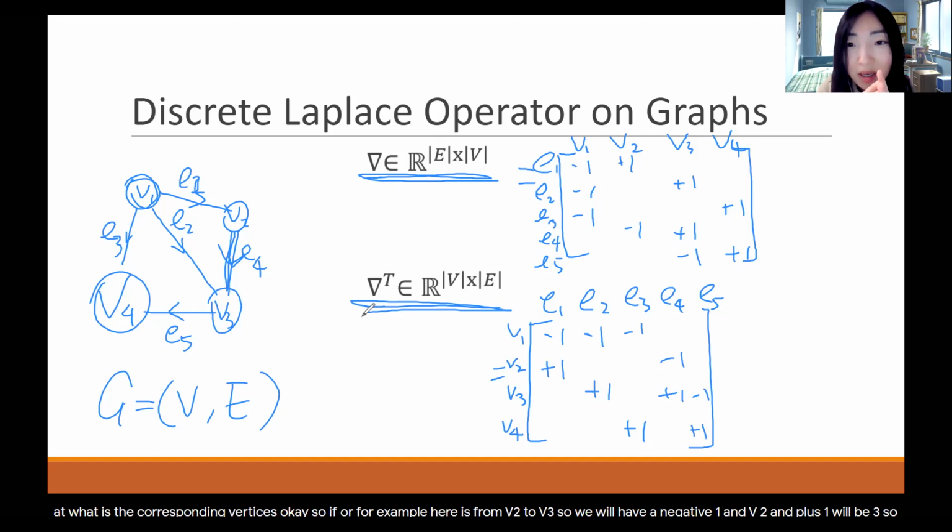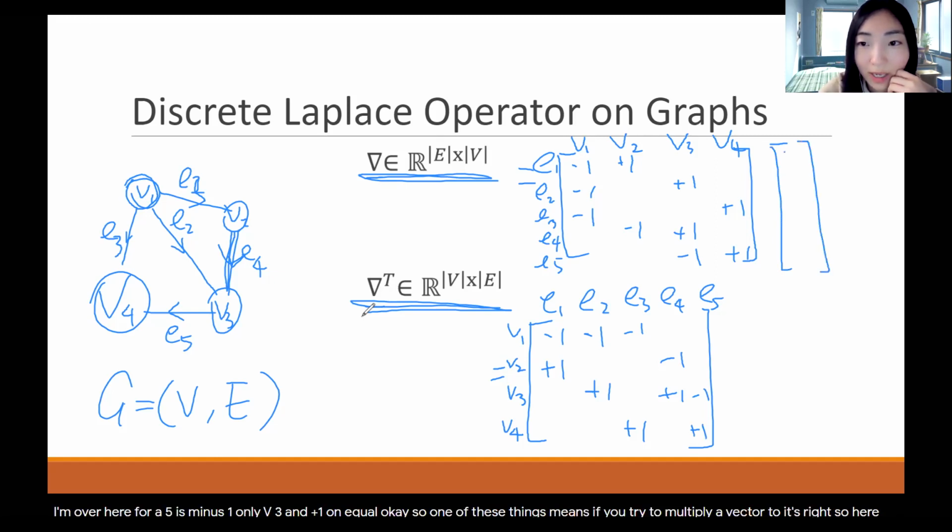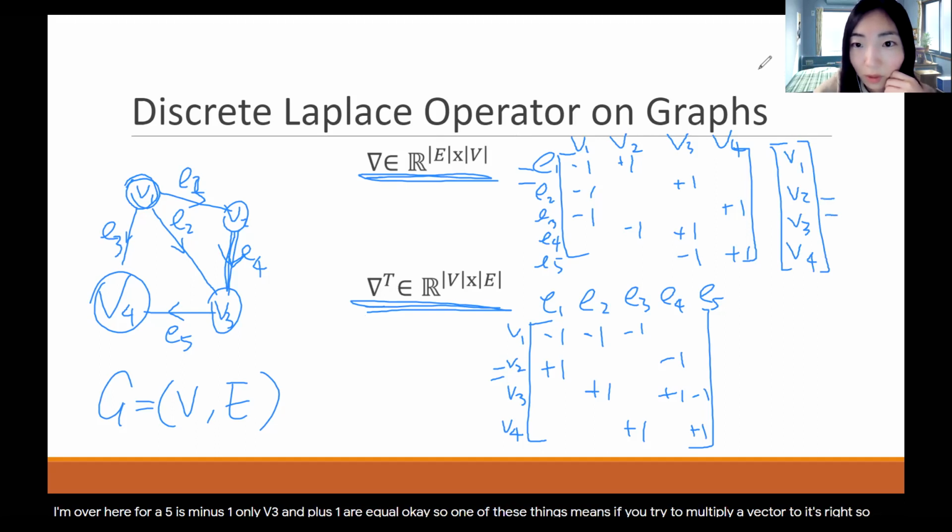So what do these things mean if you try to multiply a vector to its right? Here we have to multiply a vector of 4 entries, assuming that we have v1, v2, v3, and v4. After you multiply this, the first entry will be minus v1 plus v2.